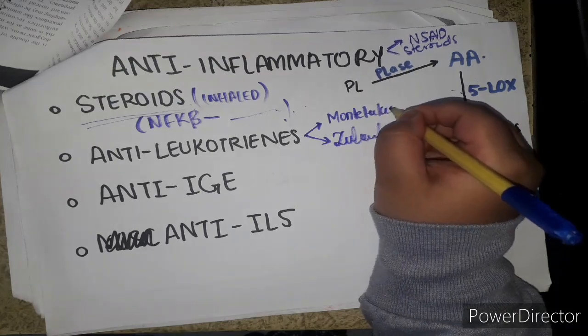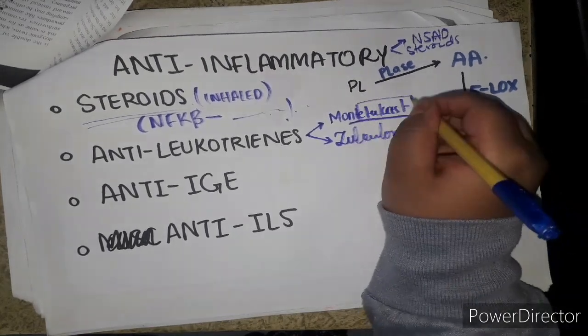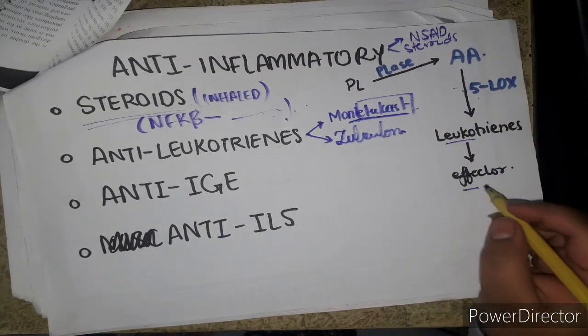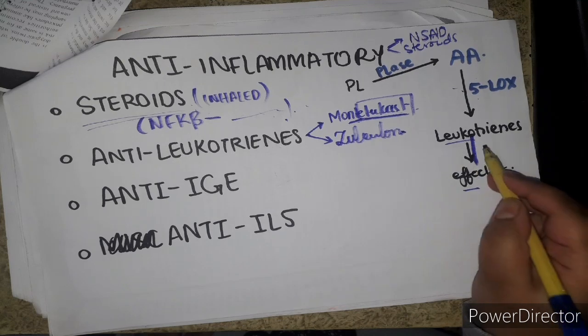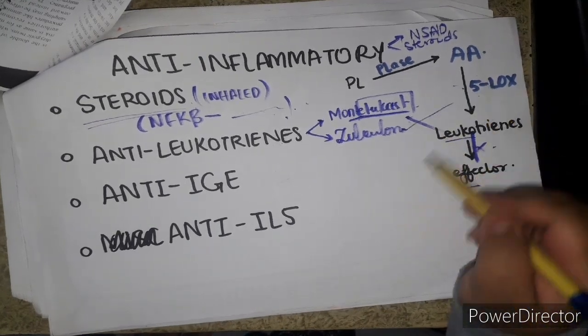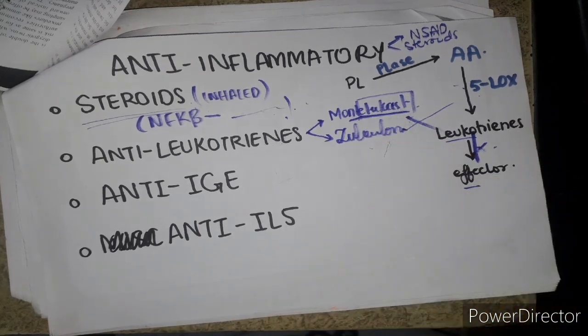We have to understand this suffix, which is important: the -lukast suffix, as these drugs are basically the leukotriene receptor blockers. These drugs are leukotriene receptor blockers, and these drugs are 5-lipoxygenase inhibitors. I should have written them in the other order.